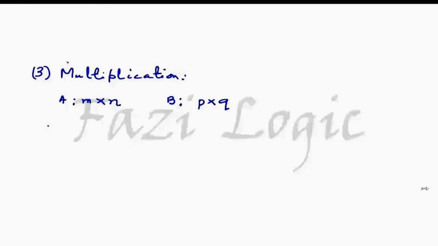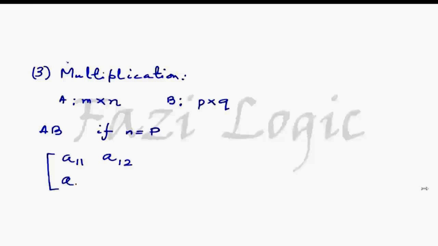Now multiplication AB is possible if n equal to p. That is, the number of columns of matrix A is equal to the number of rows of matrix B, then only multiplication of matrices A and B is possible. What is the method of multiplication? I will just discuss it in short.